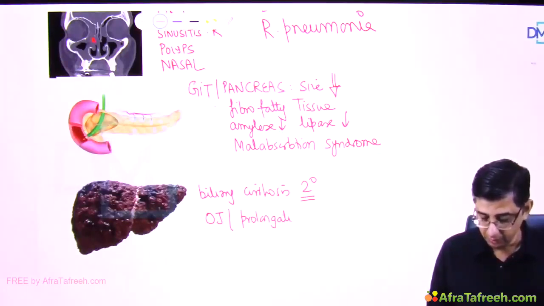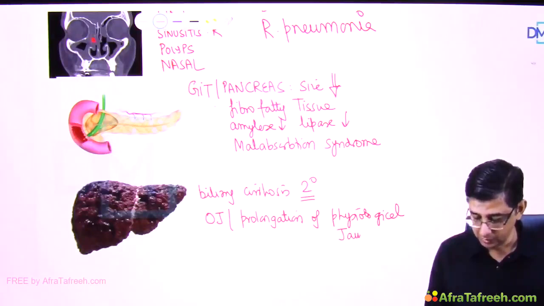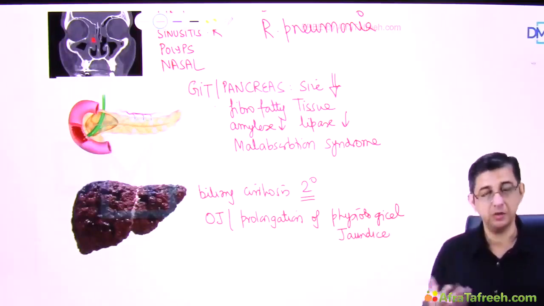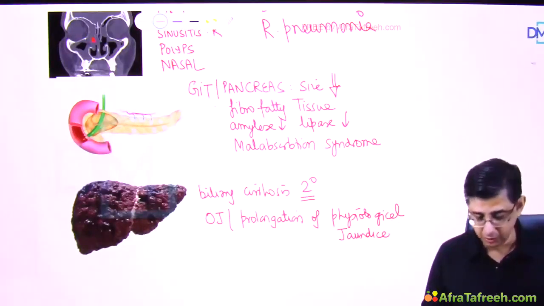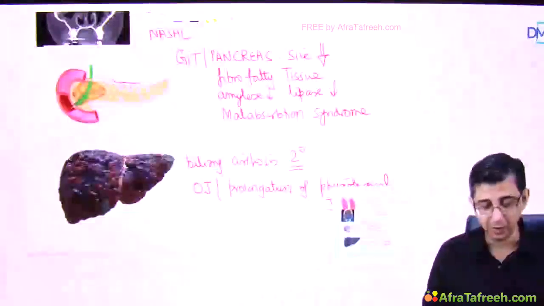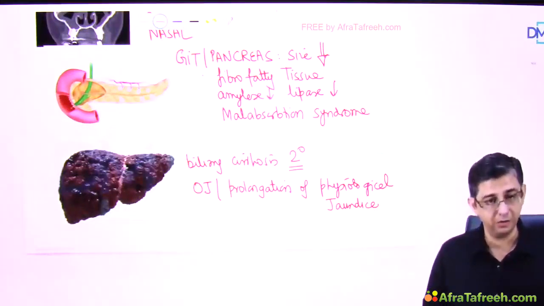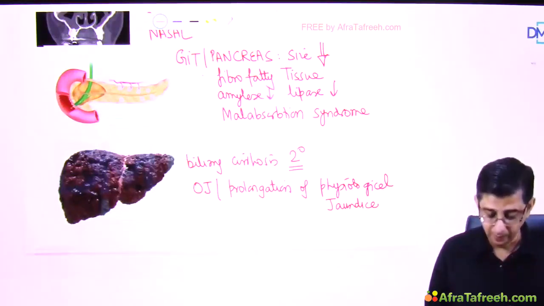It might look like our standard physiological jaundice initially, but then it will deteriorate further, and you would be having a possibility of clay-colored stools in these patients, extensive itching, pruritus. All the features of obstructive jaundice manifestations could be occurring or could be written in the question. Therefore, these patients might require even a liver transplantation for the same, and they might even require lung transplantation for the same. So, organ transplantation may be done in these patients.